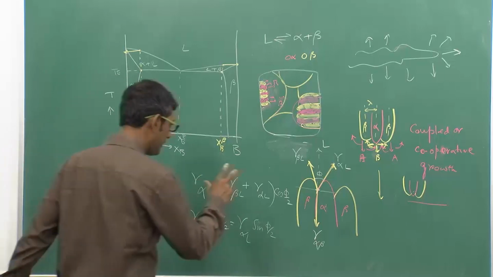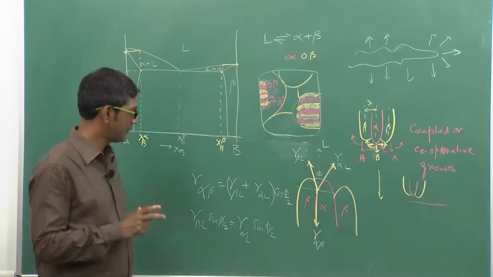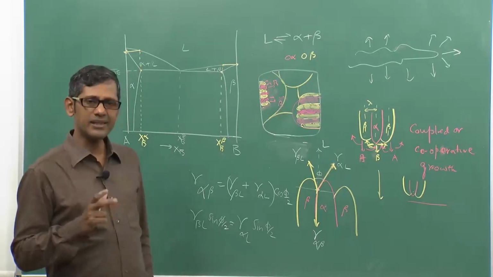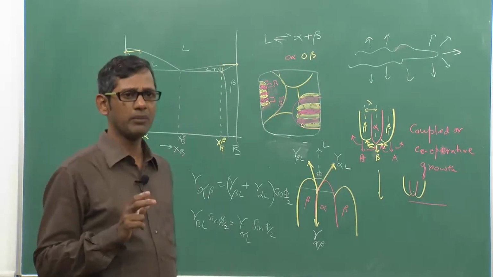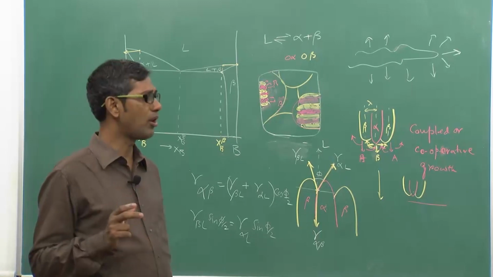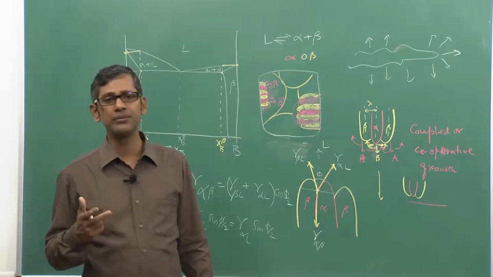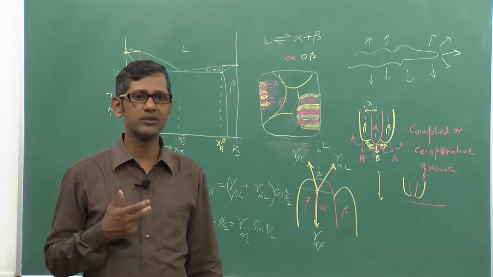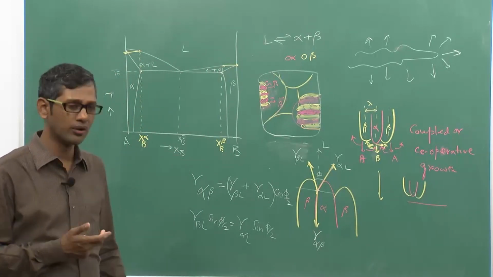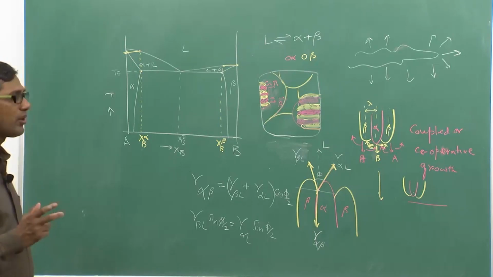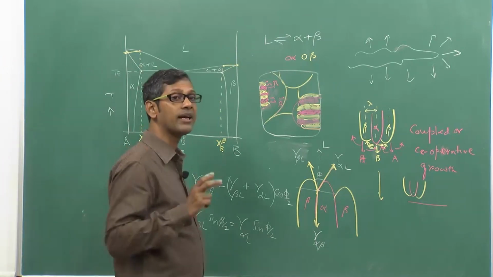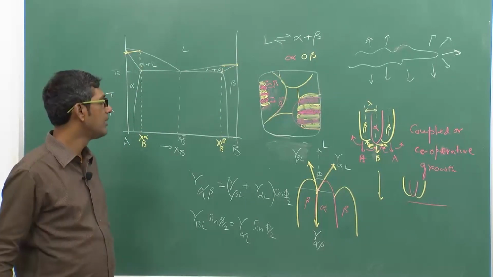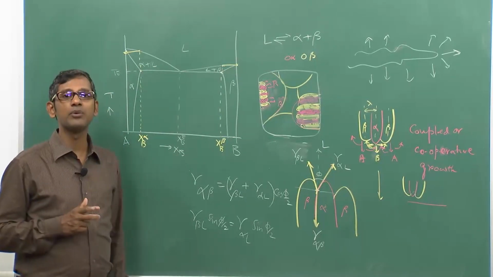Anyway, this is basically what happens in lamellar eutectic growth. Things are quite a bit different in the case of rod or other eutectics, because the microstructural complexity is more. But for your purpose, it is more than enough to understand how a lamellar eutectic grows in the liquid. So this is actually the mechanism of growth of eutectic.